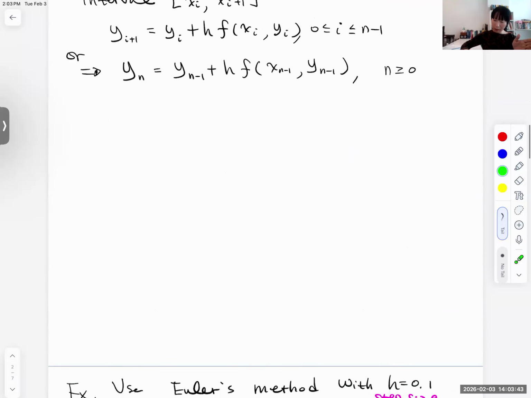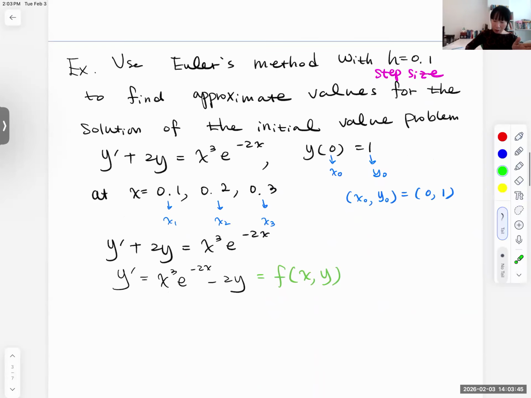Make sense? Okay, so let's do it. If we want to make the left side y prime, then add 2y to both sides. So we have y prime equals x to the third power e to the negative 2x minus 2y. This right side will be f of x, y. Is it clear?